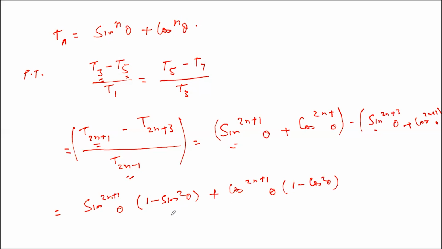So from both of these, I'm getting sin^(2n+1) theta into 1 minus sin square theta, which is cos square theta, plus cos^(2n+1) theta into 1 minus cos square theta, which is sin square theta.